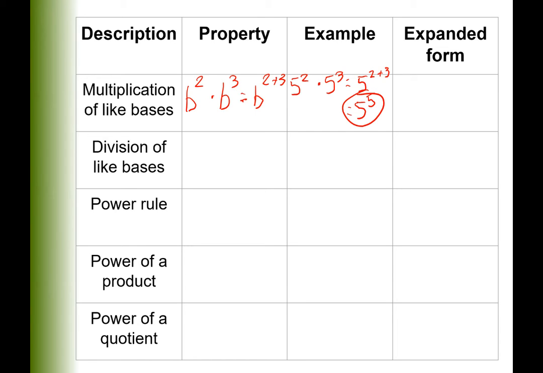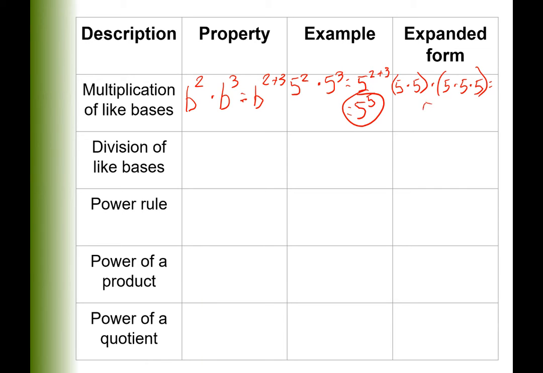What that looks like all stretched out: for 5 squared, we have 2 5s, times 5 cubed, which gives us 3 5s. That gives us a grand total of 5 5s.